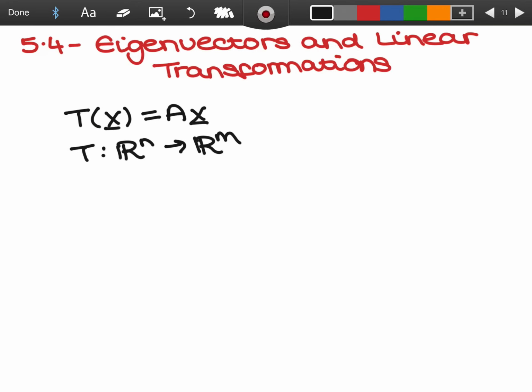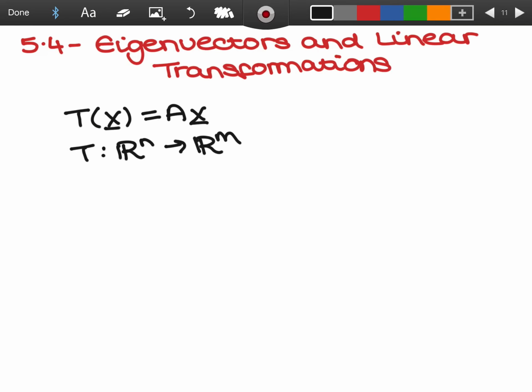We stuck with standard bases when we did this, and then we looked at doing a change of basis, where we looked at how we can get from a basis B for a vector space to the standard basis, and we used that change of coordinate matrix. Now what we want to look at is when we go from a vector space V to a vector space W, where neither of those have the standard basis.